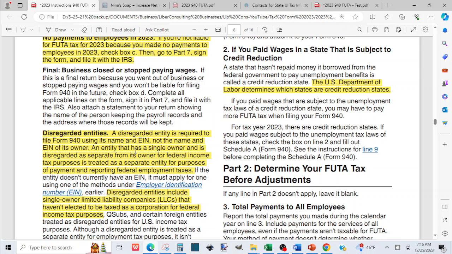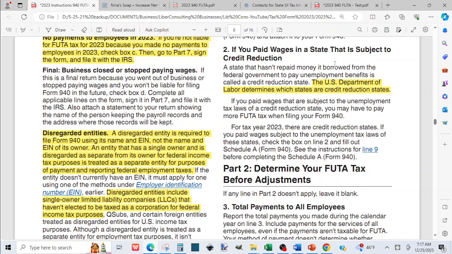An entity that has a single owner and is disregarded as separate from its owner for federal income tax purposes is treated as a separate entity for purposes of payment and reporting federal employment taxes.